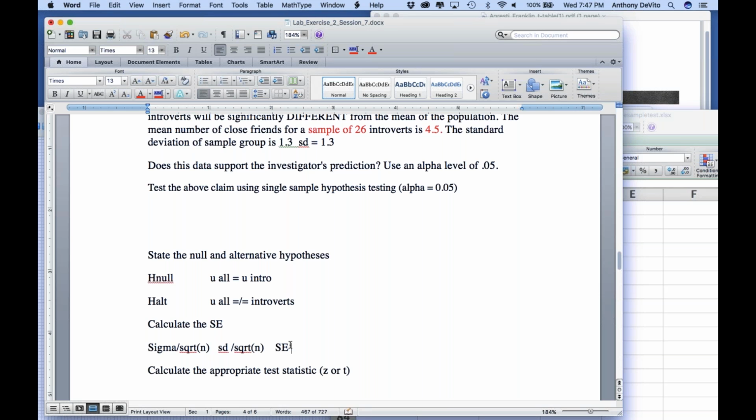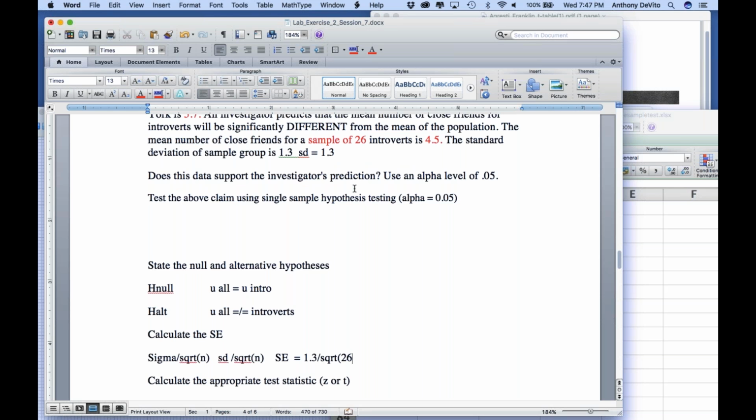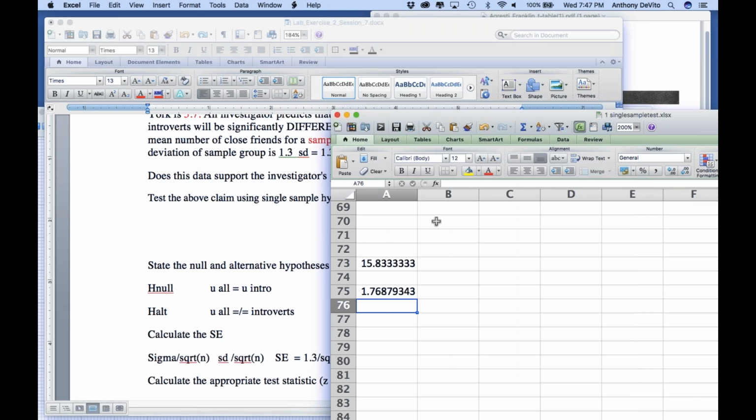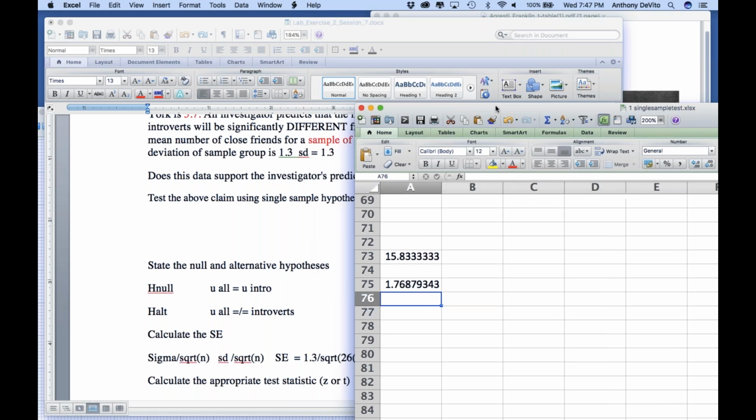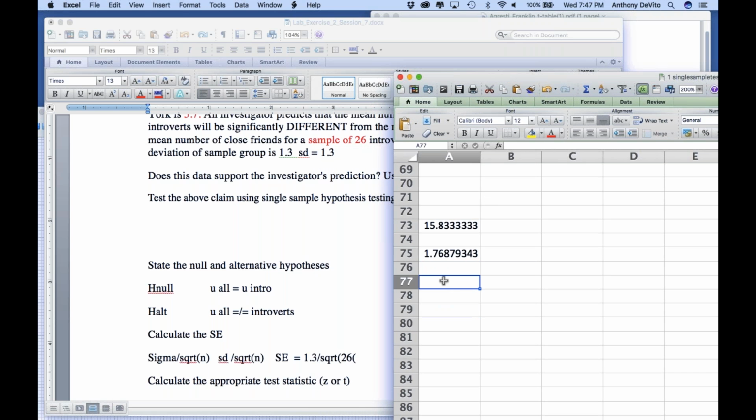My standard error is going to be equal to the standard deviation, 1.3, divided by the square root of 26. I'm going to use Excel to do this. It's 1.3 divided by the square root of 26, and calculating that, it comes out to be 0.25.